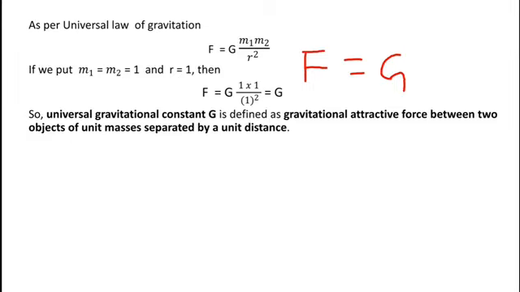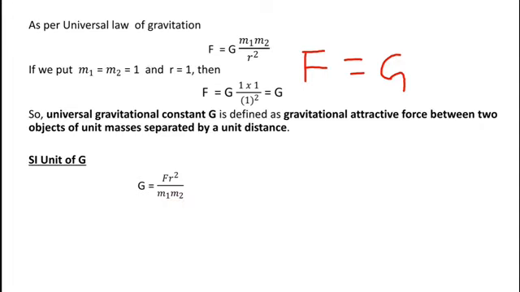Now we will see what is the SI unit of capital G, the universal gravitational constant. From the expression for force by the universal law of gravitation, we have F equals capital G m1 into m2 divided by r square. If we rearrange this equation, we can write G equals F r square divided by m1 m2.